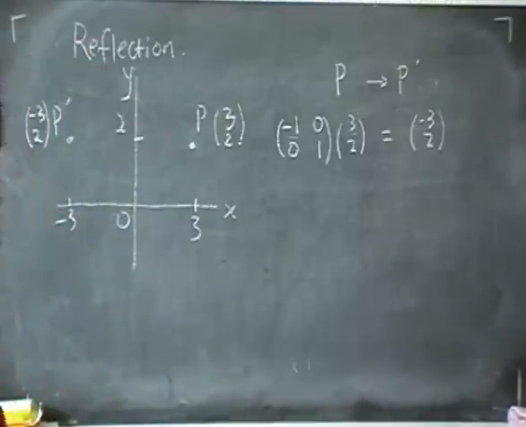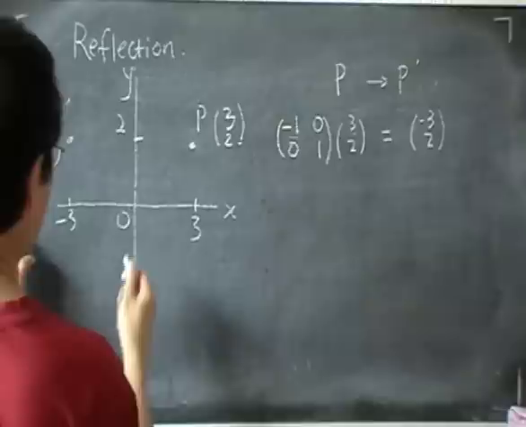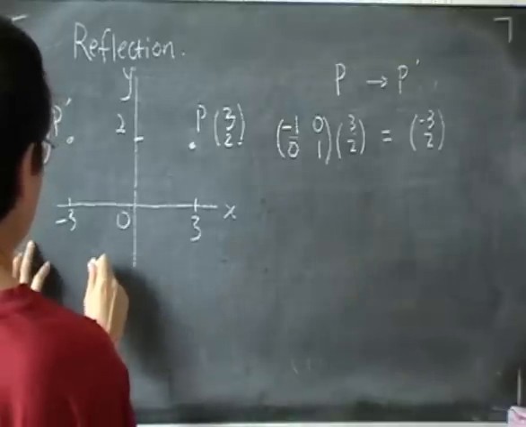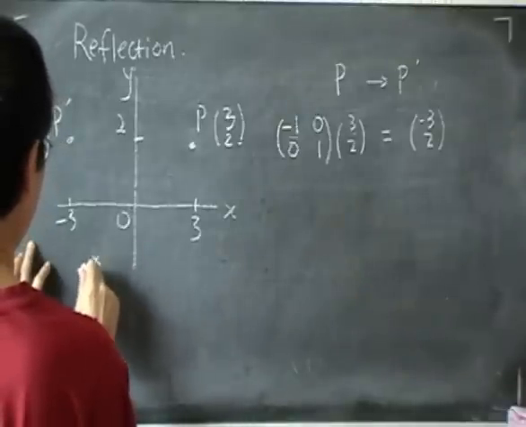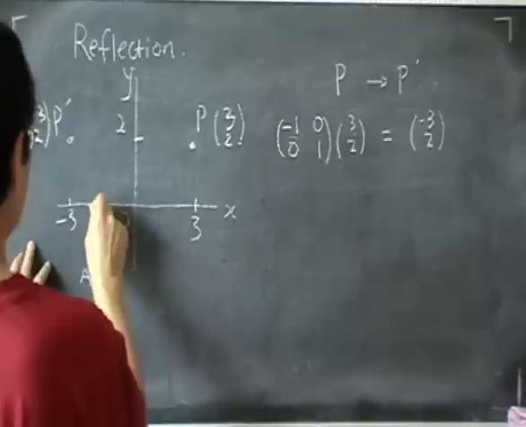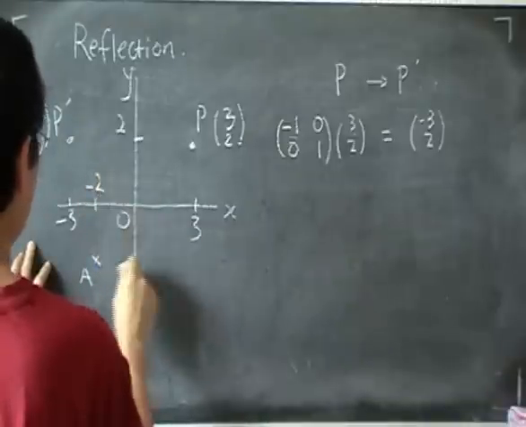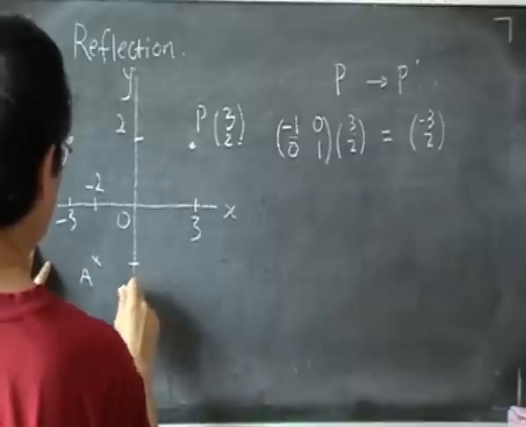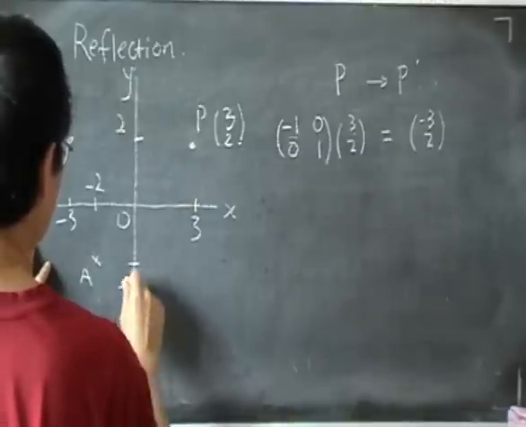Now, how about a point here, a point A, which is at -2, -2.